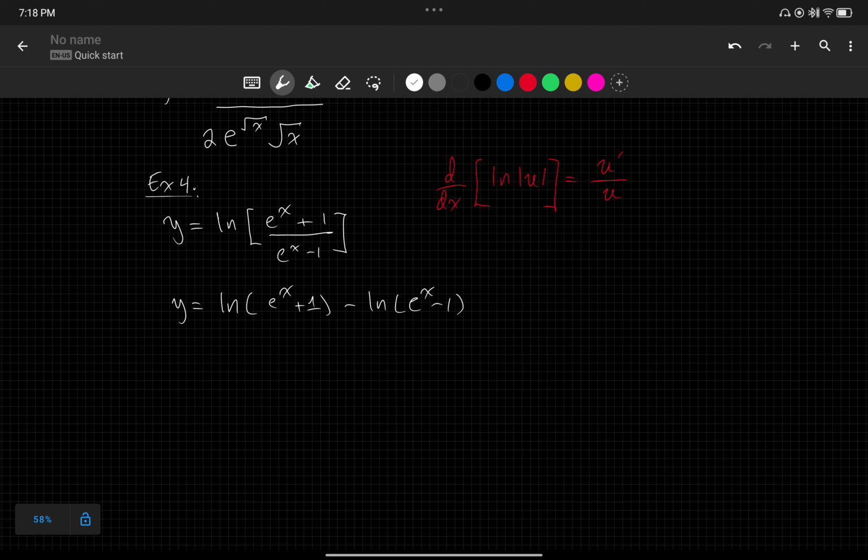Now we can take the derivative, and it's two pieces individually that I can do. So that way on itself, this part is u when I do it, and then when I do this part by itself, this one is going to be u. So I'll just do it separately two times.